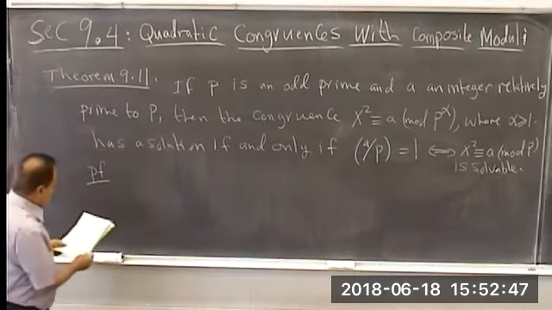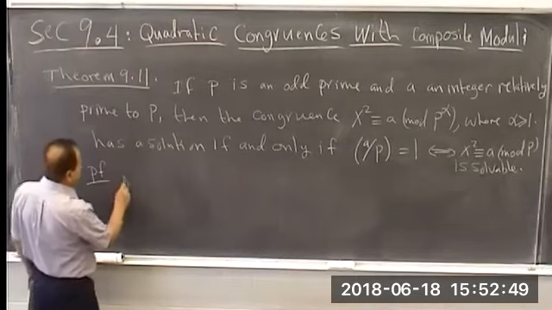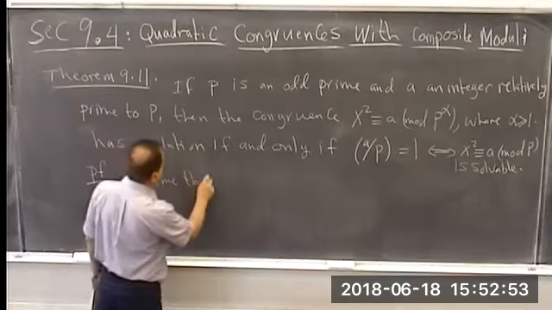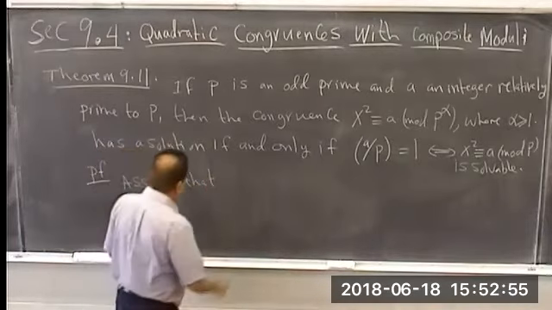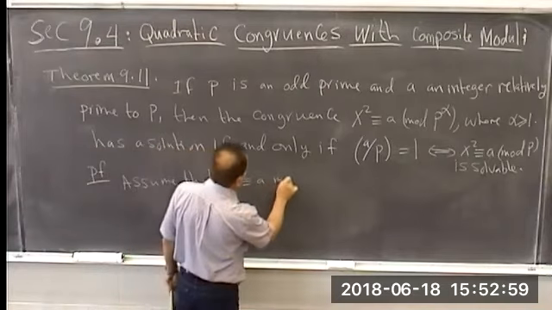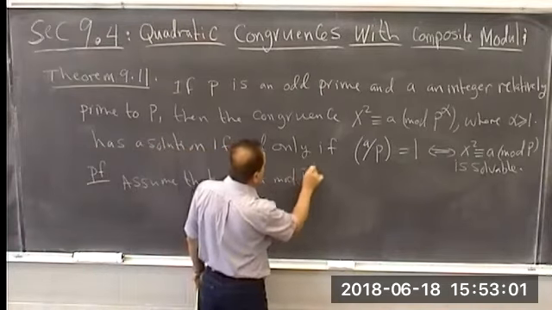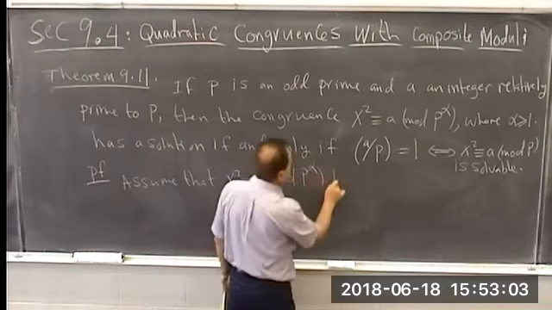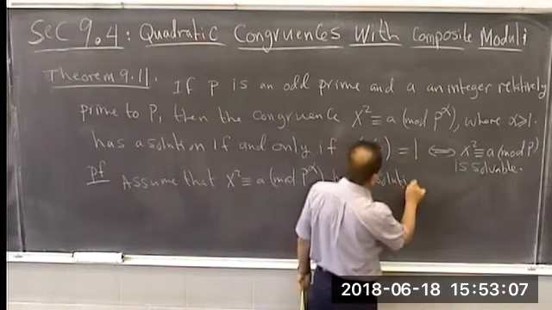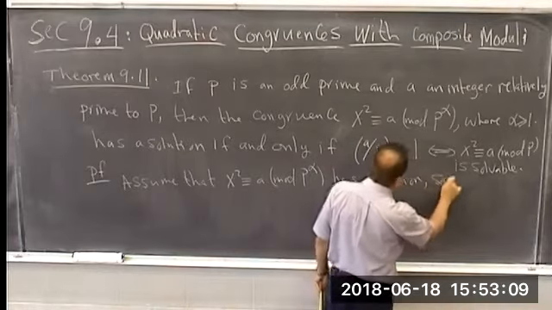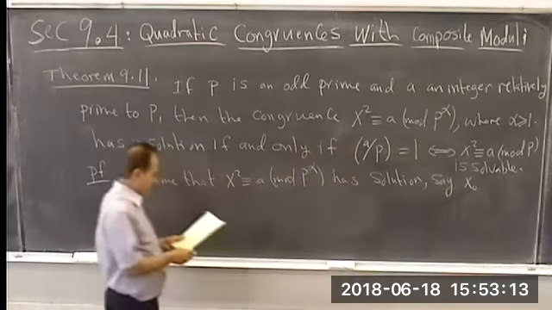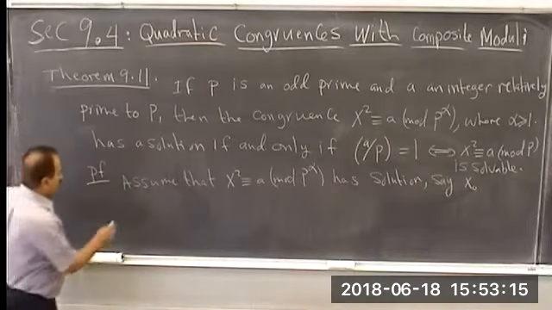Let's go in this direction: assume that x squared congruent to a mod p to the alpha has a solution, let's say x sub 0.